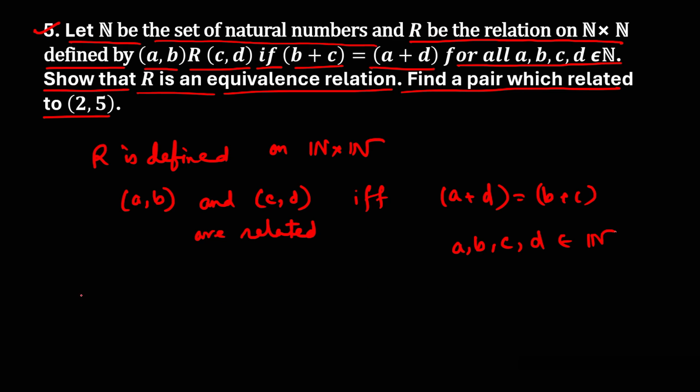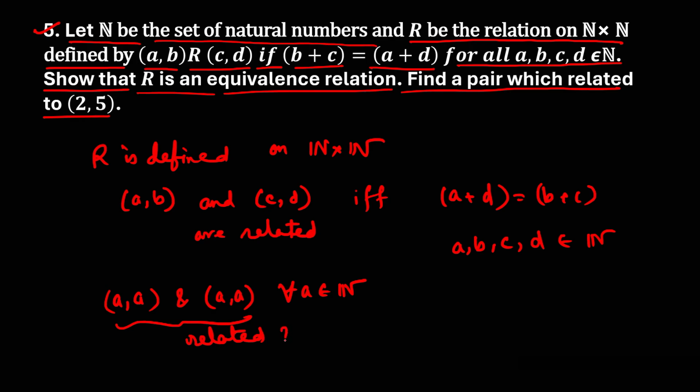Okay. So now check (a, a) and (a, a) for all a belonging to natural numbers, whether these two are related or not. What is the condition? That a plus d equals b plus c, and we take d equal to b equal to c equal to a, all are a.